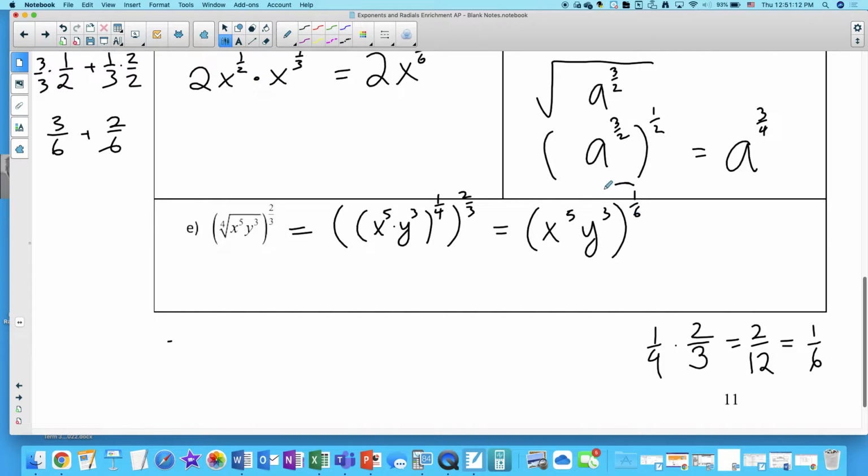So this becomes x to the 5 over 6, y to the 3 over 6, which is 1/2. Okay? So far, so good? Okay.